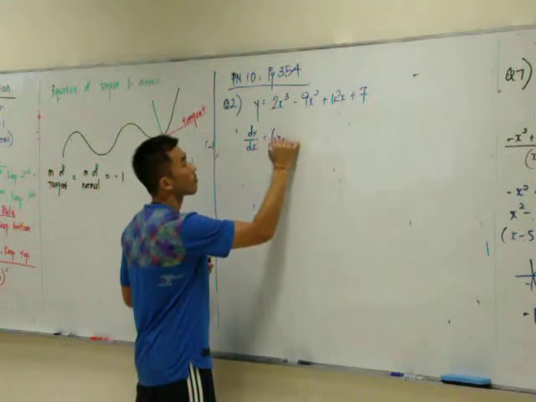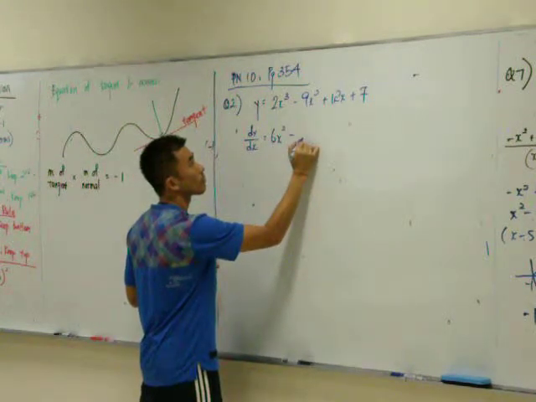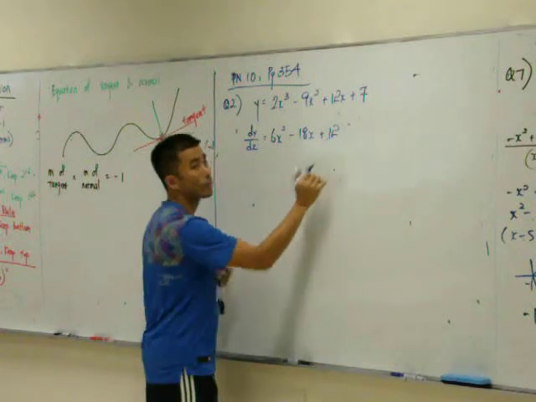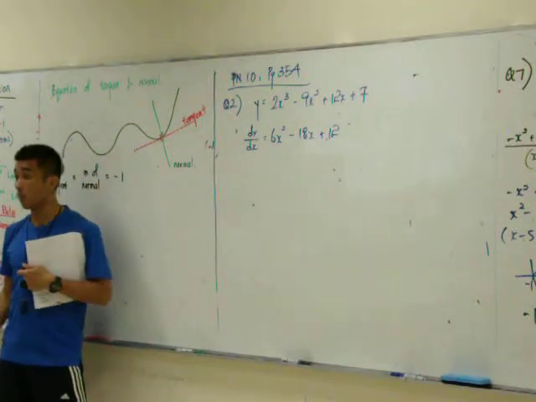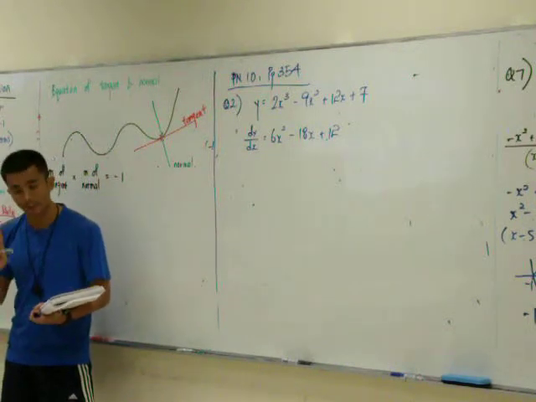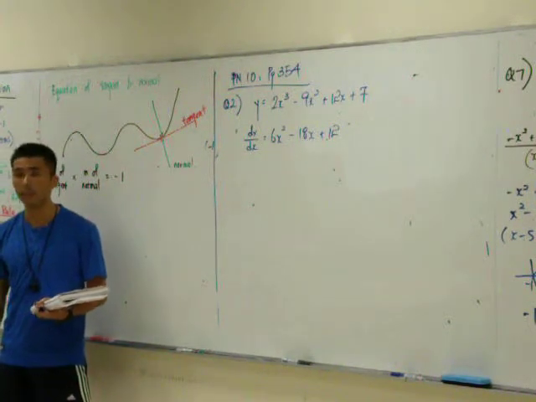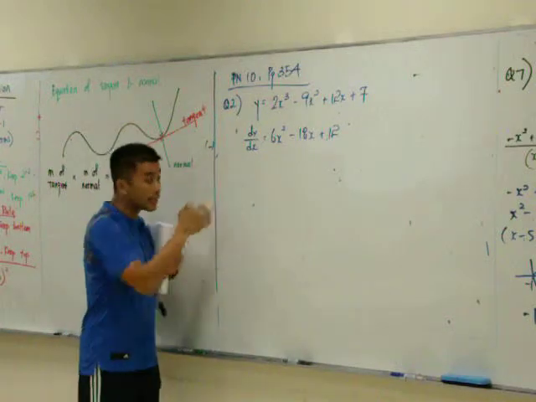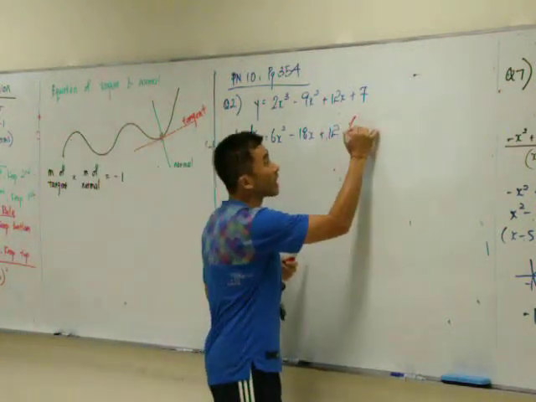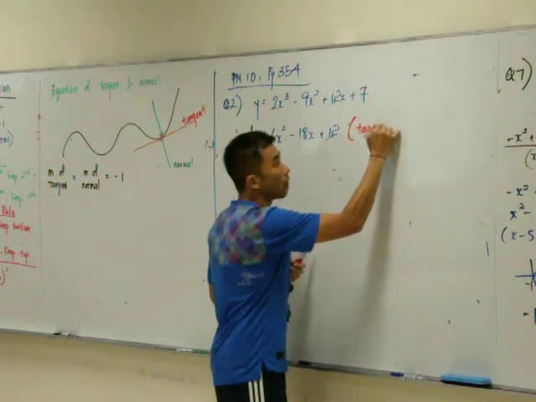6x squared minus 18x plus 12. Straight away. This is easy differentiation. Well, I told you in a word problem, the differentiation cannot be too difficult. Now, this dy/dx, I must put it in red again. It's meant for the tangent. Don't confuse it.